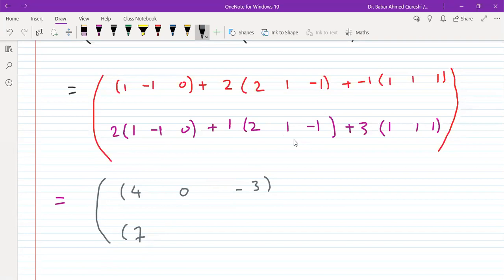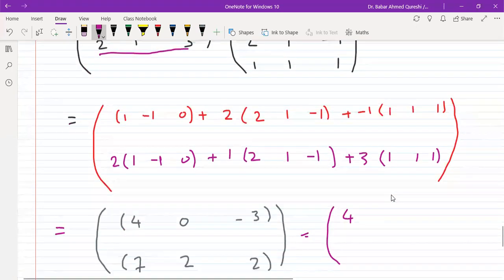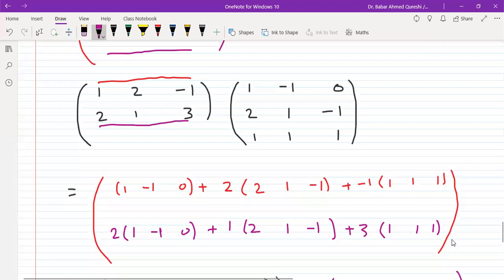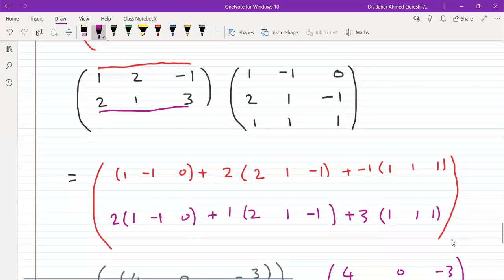Minus 2 plus 1 minus 1 plus 3, 2. 0, minus 1 plus 3, 2. So these are the two rows in my resultant matrix. If I wish, I can write it out as a proper matrix. So that's the matrix plotted again. Linear combination of rows of B through rows of A.